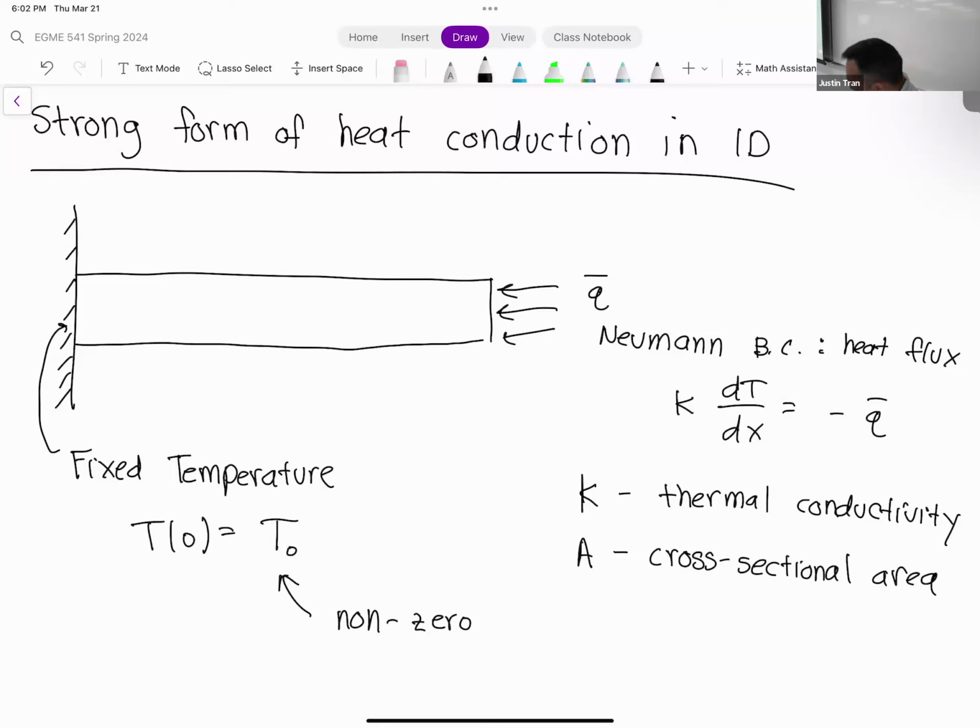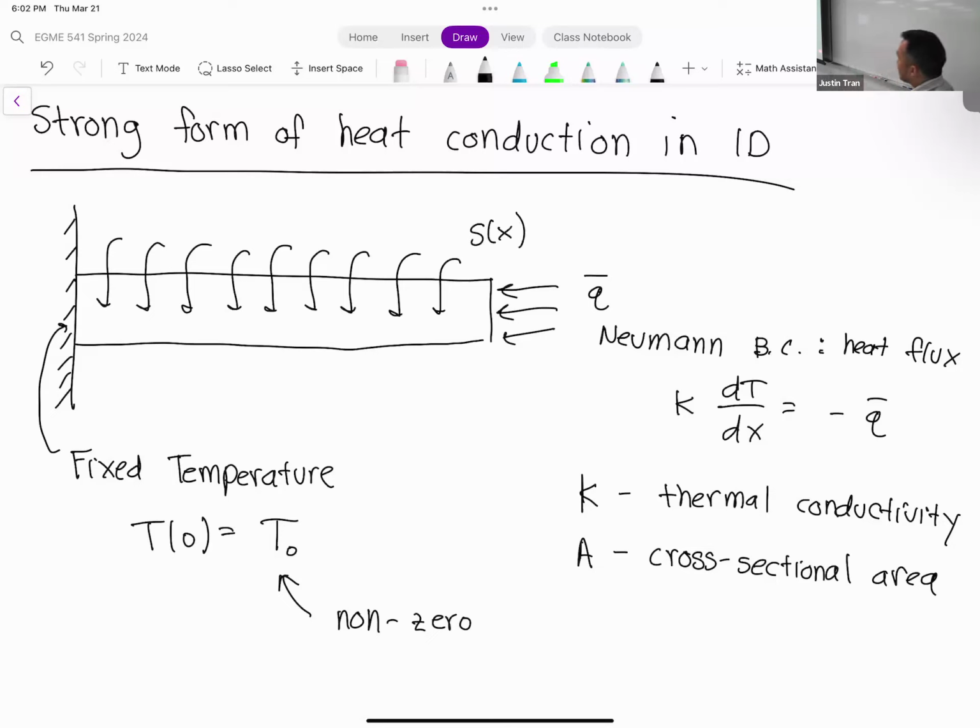So the other thing that we'll define here, very similar to the body force, is that we may have some internal heating. Okay. So maybe our material is laced with, like, an electric heater on the inside, or maybe it's some reactive material that's producing heat. Okay. And so we may have a function S of X. S of X is what we call the thermal generation function.